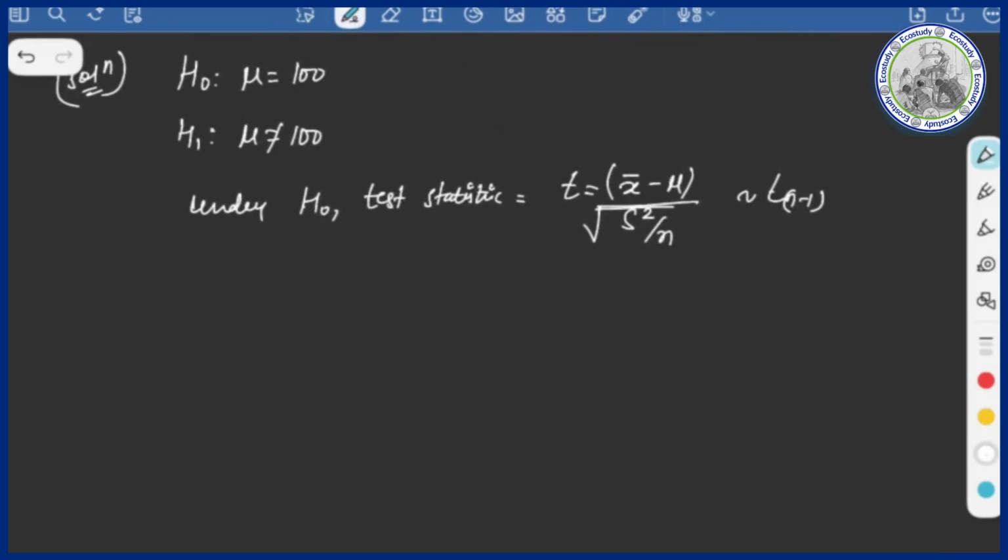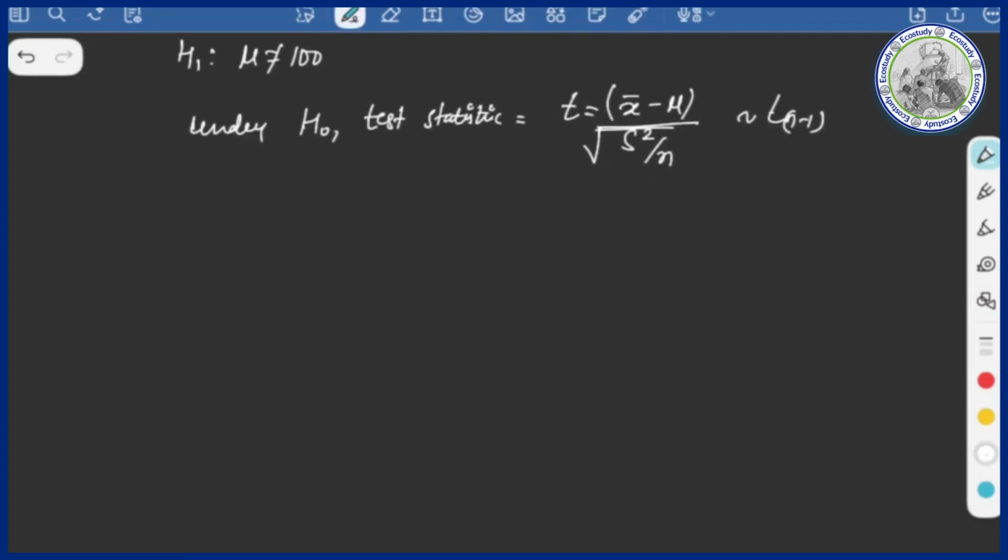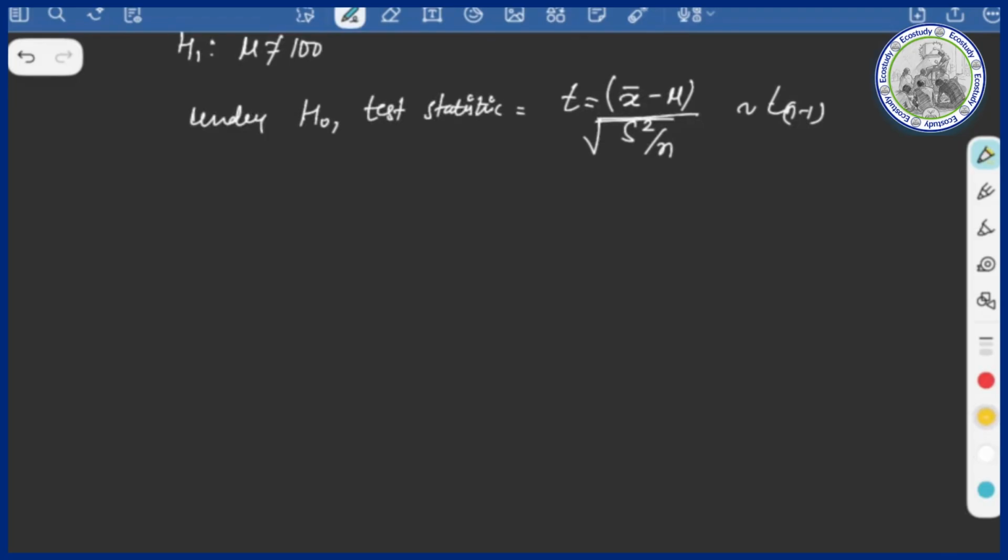Now here x bar and the capital S square are computed from the data. Now let me draw the data. So x is given, we have to compute x minus x bar and x minus x bar squared.